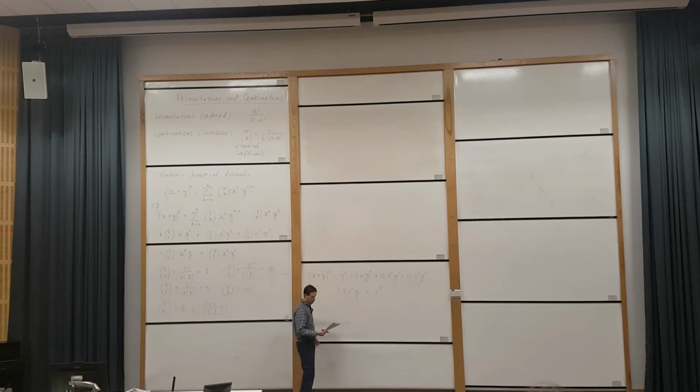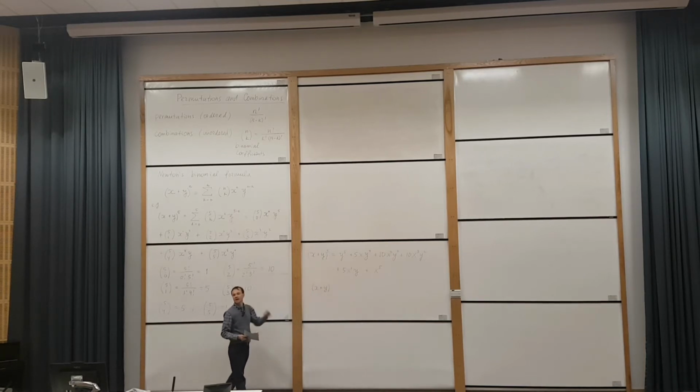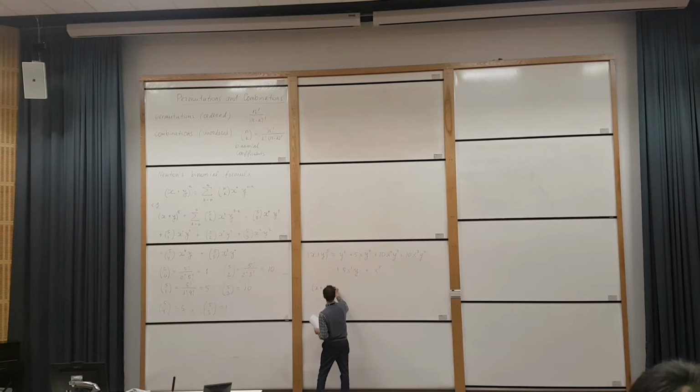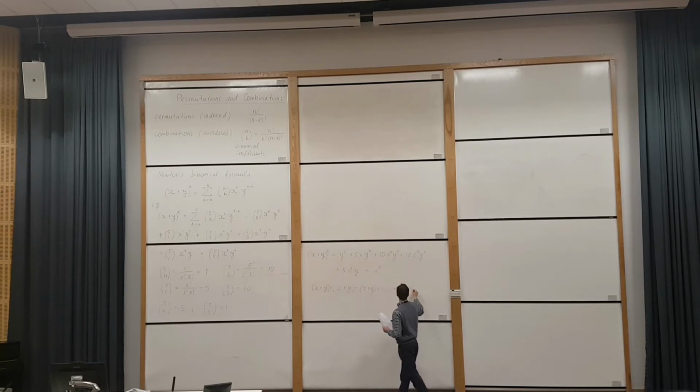So that's how the formula works. So what are we doing? By taking the nth power, we're multiplying n copies of the sum x plus y. So what we're doing is x plus y times x plus y times x plus y, and so on.